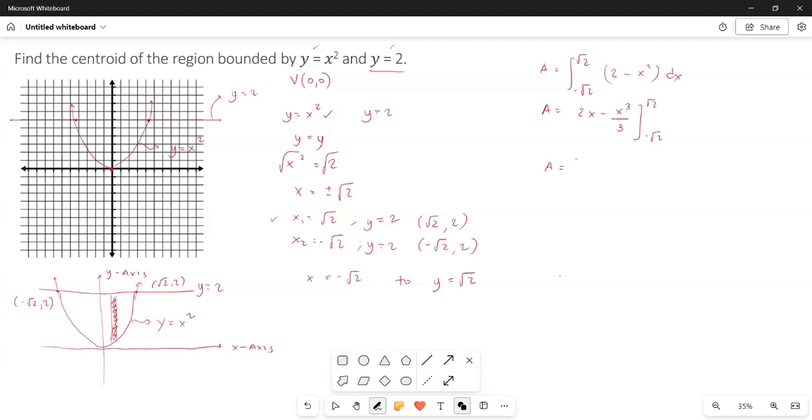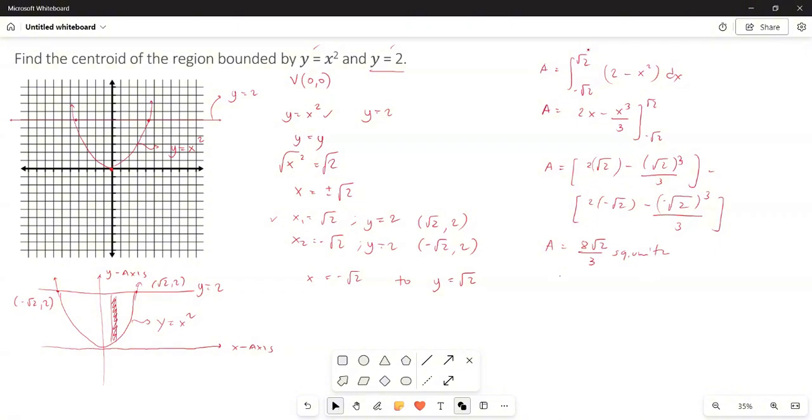Then area will be equal to 2 times square root of 2 minus square root of 2 cubed over 3. We have, for lower limit, 2 times negative square root of 2 minus negative square root of 2 raised to 3 over 3. Ayan. So simplify lang natin. We have 8 square root of 2 over 3 square units.